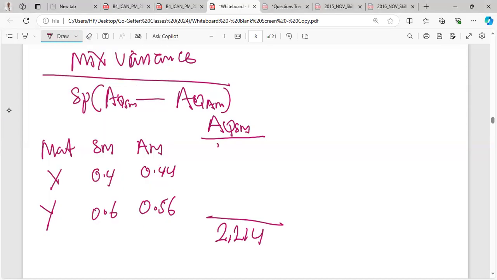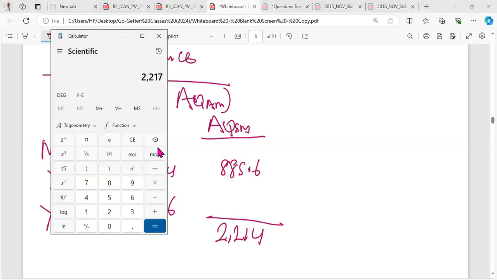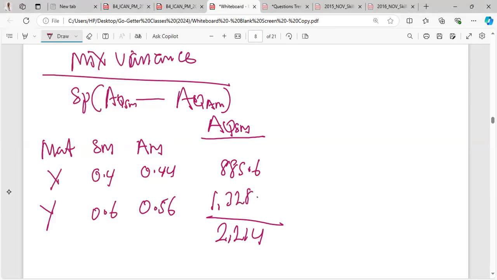So here is 885.6. And the same thing here: 2214 multiplied by 0.6 is 1328.4.